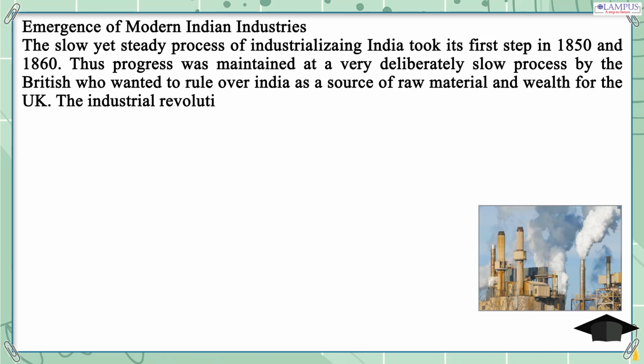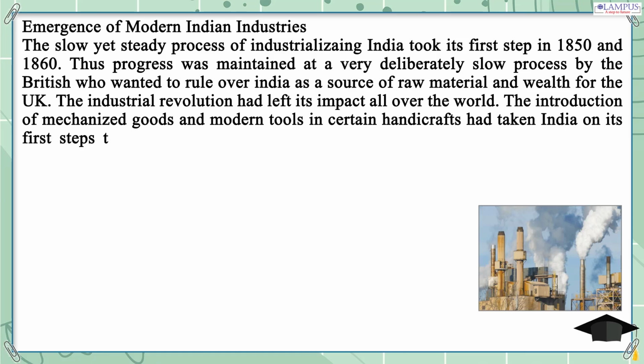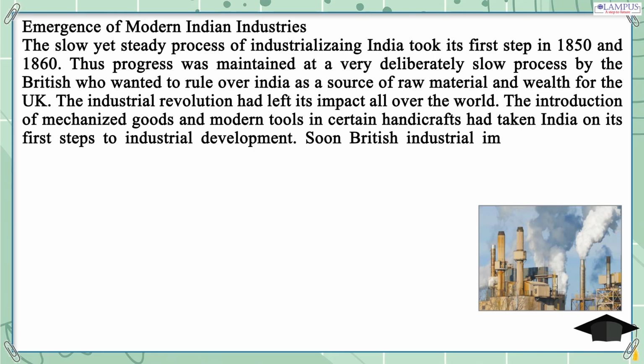The Industrial Revolution had left its impact all over the world. The introduction of mechanized goods and modern tools in certain handicrafts had taken India on its first steps to industrial development. Soon British industrial impact was clearly visible as far as British profits were concerned.